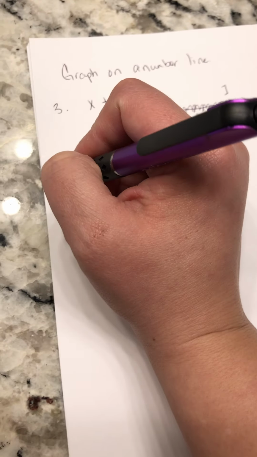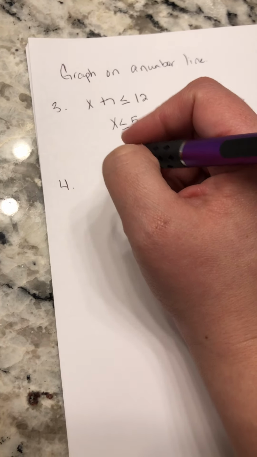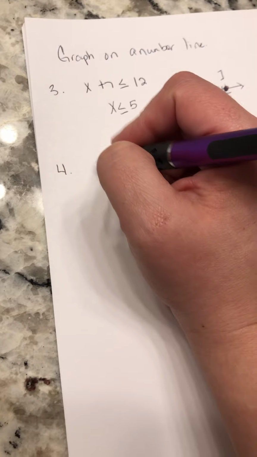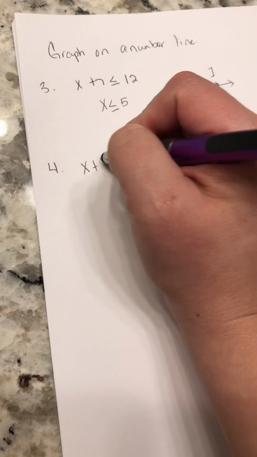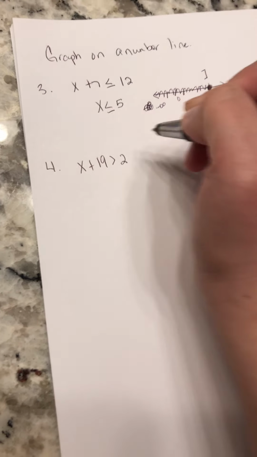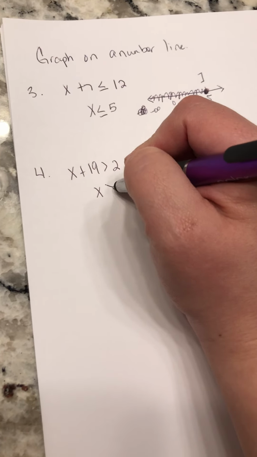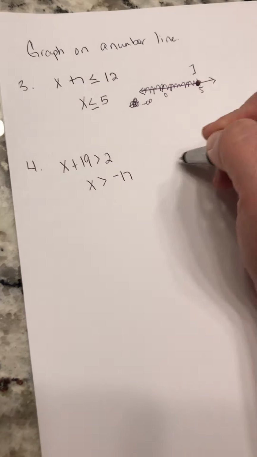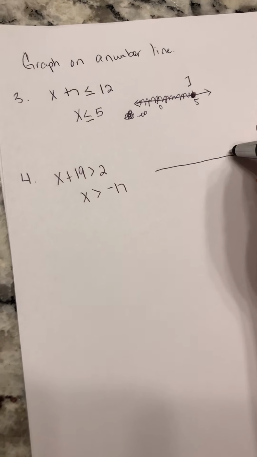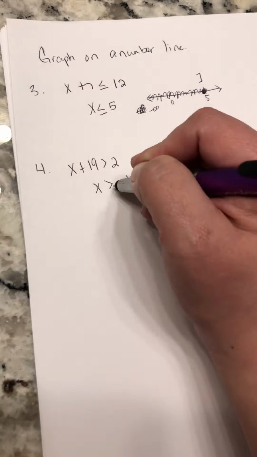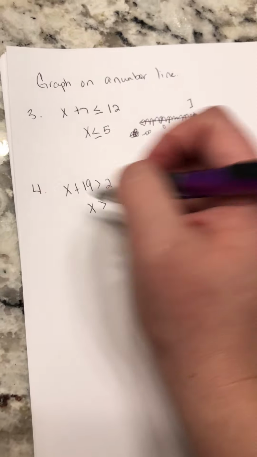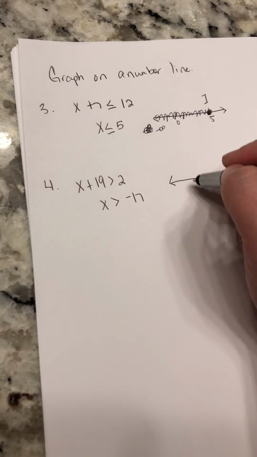So for number 4, we have x plus 19 is greater than 2. And so we're going to subtract 19 on both sides. So 2 minus 19 is negative 17. And it's greater than. So your inequality shows you whether to go left or right. So less than, go left; greater than, go right.